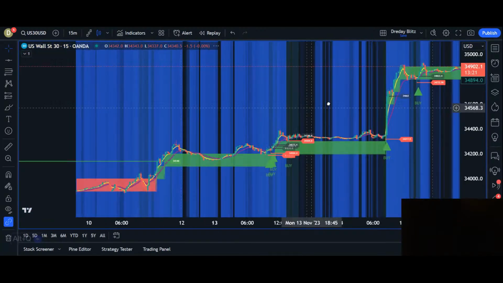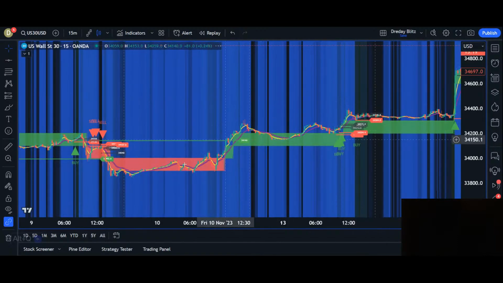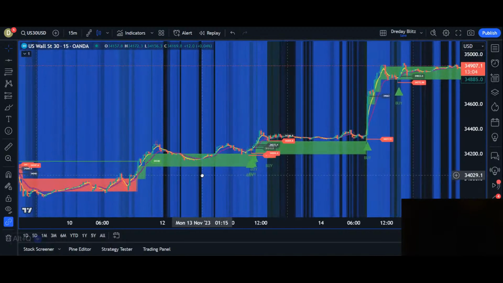So same principle, as you could see, since Friday around 1 p.m. Eastern Standard Time, the price is bullish.